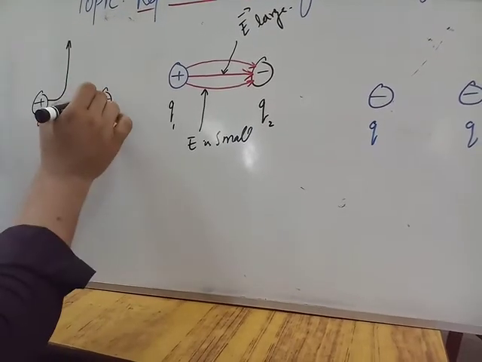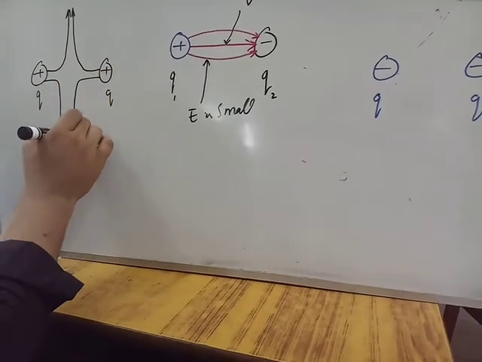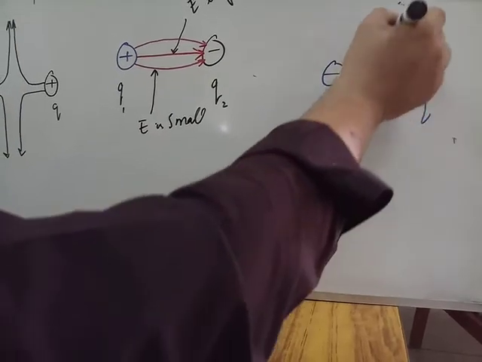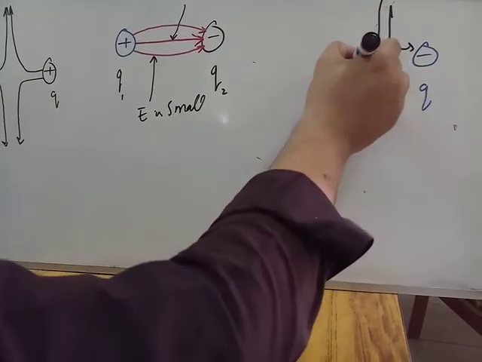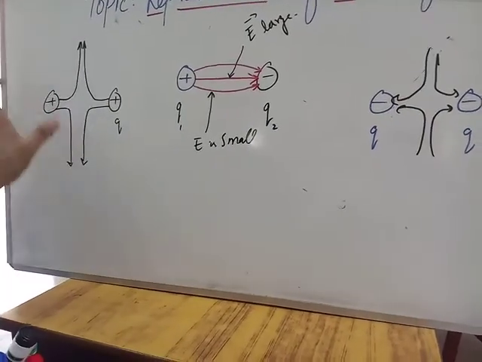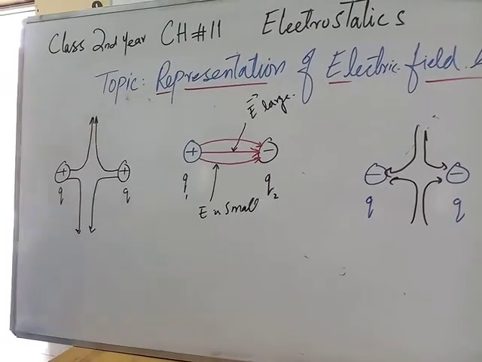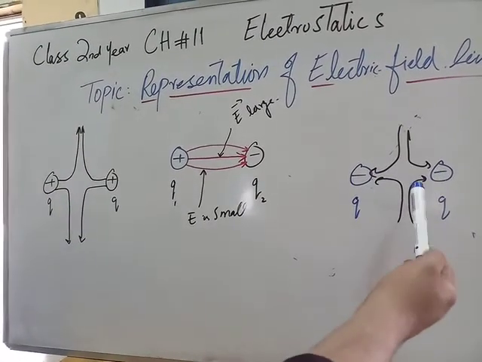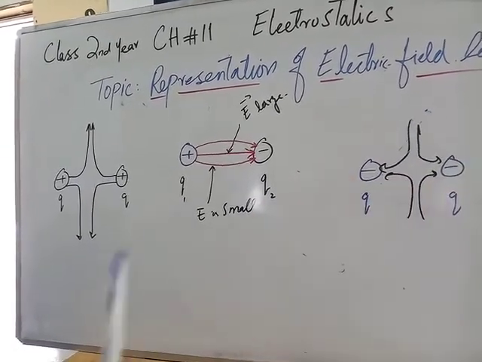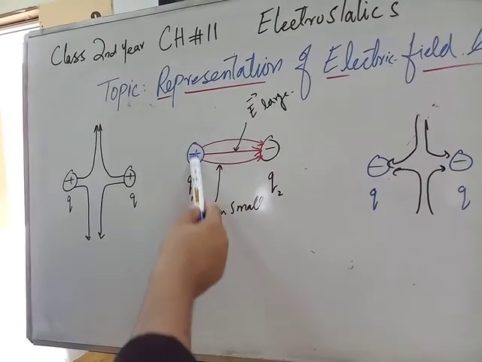So for same positive charges the electric field lines will be radially outward, and for same negative point charges the electric field lines are radially inward, and for opposite unlike charges the electric field lines are in that direction.